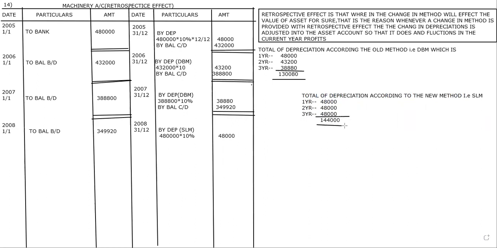For a retrospective change in method, the change in amount we find is: change in depreciation is equal to old method depreciation minus new method depreciation. So old method total we got 1,30,080, minus new method 1,44,000.